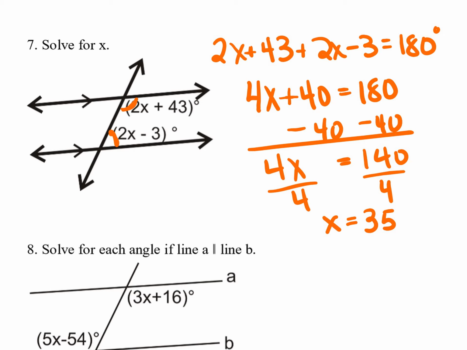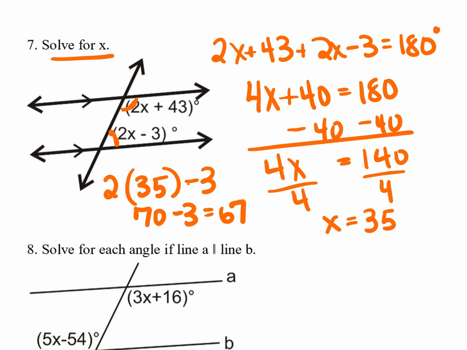All right, now this said solve for x. If it said what are the angle measures, then I would take x, plug it back in, I could put it into either one of the angles and solve that. So this one would be 67 degrees. And then I could plug it into the other and get that angle measure as well.